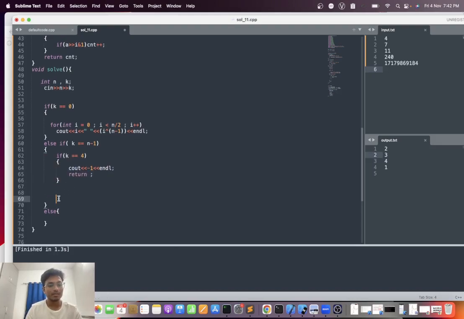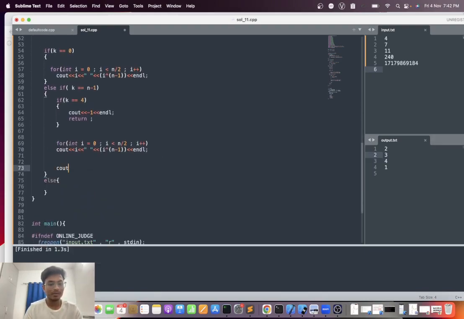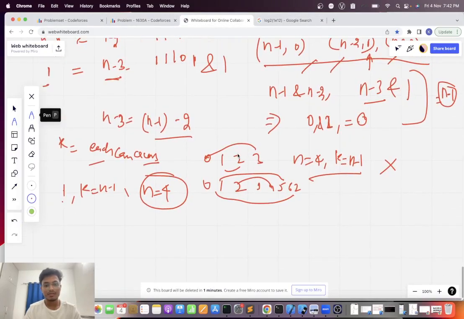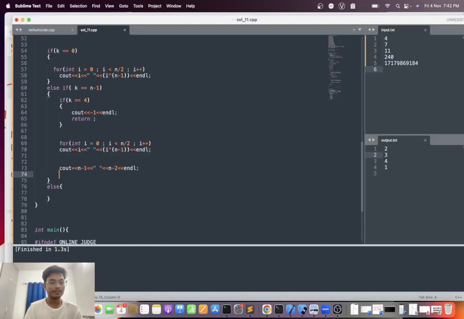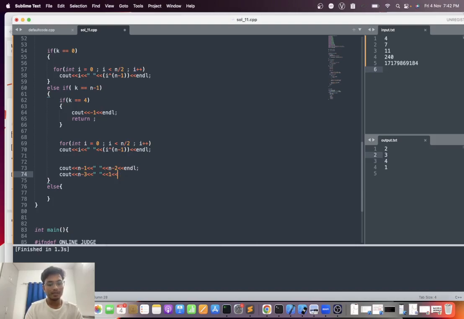Otherwise I have the answer. So how many pairs do I need? I need 3 pairs. So first of all, n minus 2 and n minus 1, n minus 3 with 1, and n minus 3. Now my value becomes n minus 1. Now I've reached the requirement, and the remaining ones will be 2 and 0.